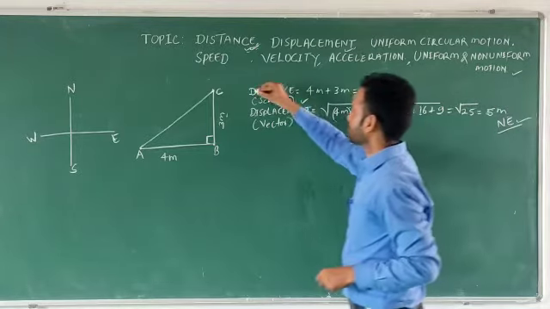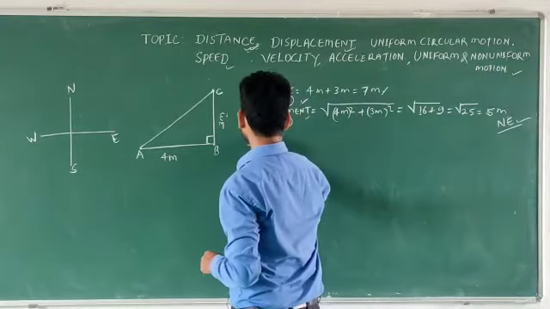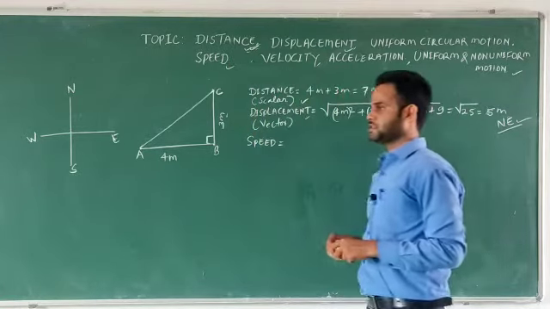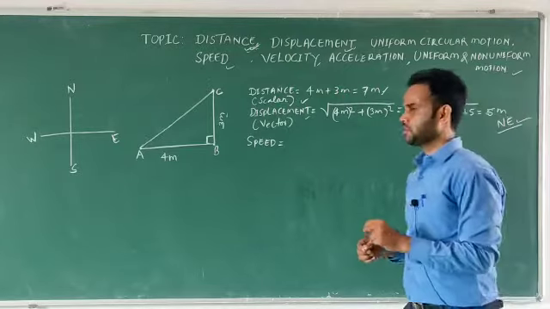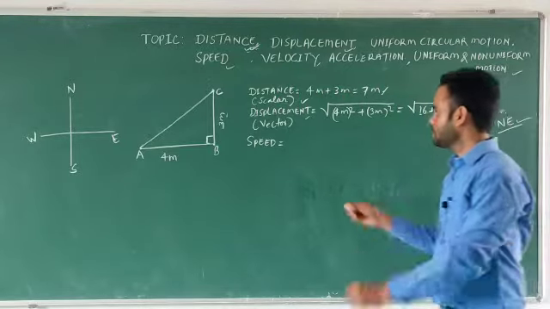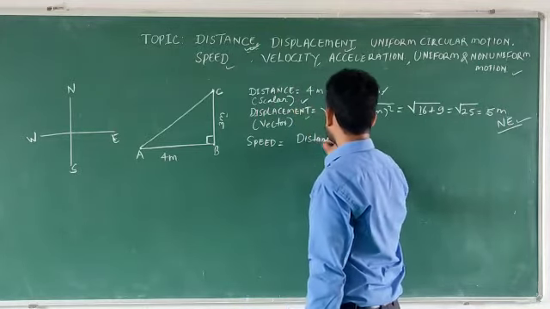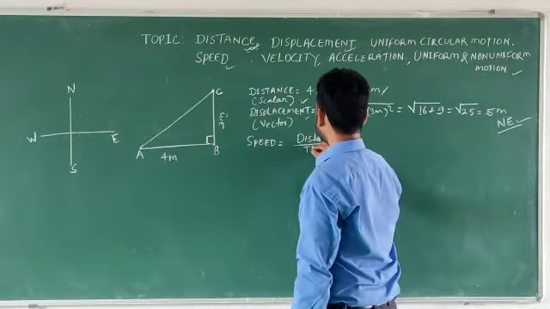Now let's talk about speed. What is speed? Speed is the rate of change in distance. Rate means we have to divide the quantity by the time. That means distance divided by time.